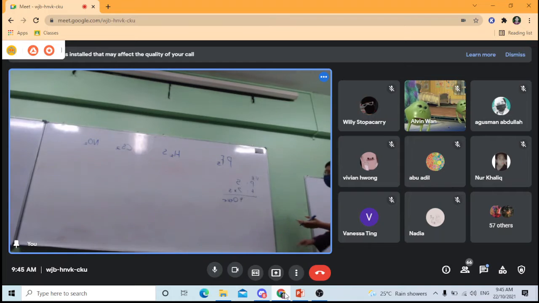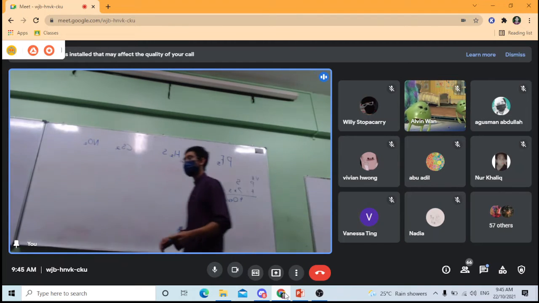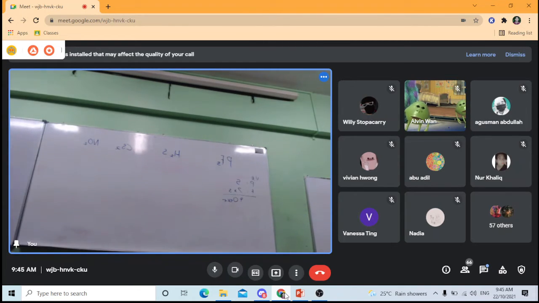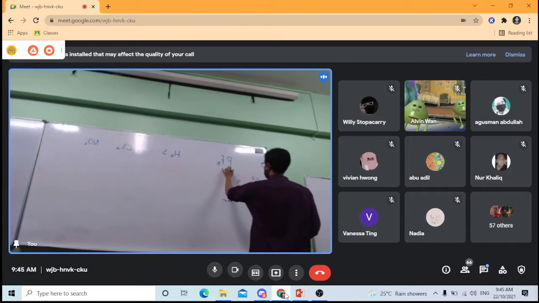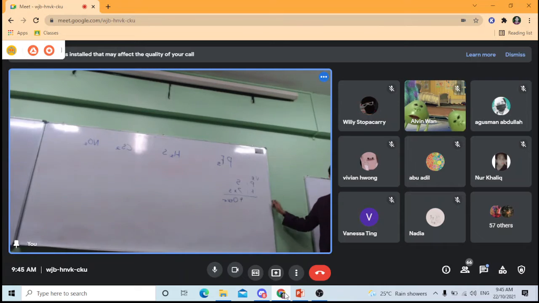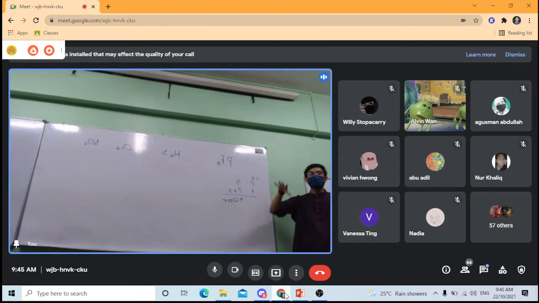Alright. So another step on drawing the molecular geometry is we choose which one is the center atom. Okay. Most of the time it is very simple. Most of the time center is atom yang ada satu saja.